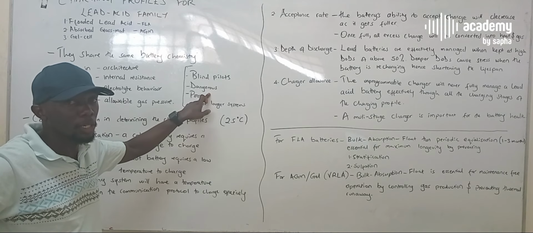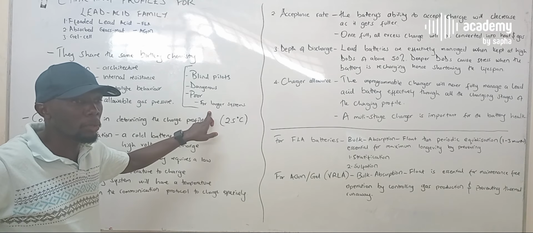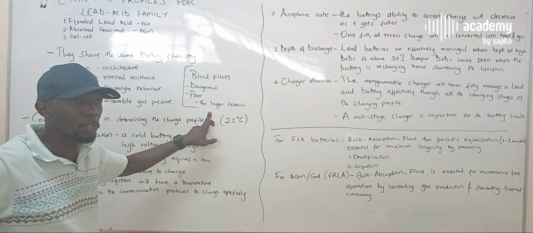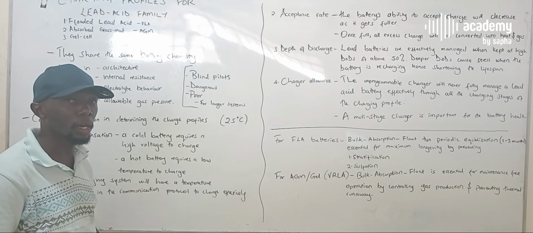And again, apart from being dangerous and poor, they hurt the return on investment of the system. These are some of the reasons you are supposed to look at by the time you give your client a bill of quantities: how long this client will take with this system before they recoup their investment.